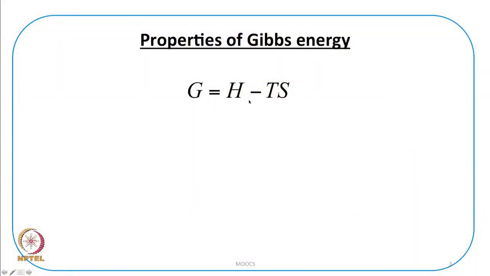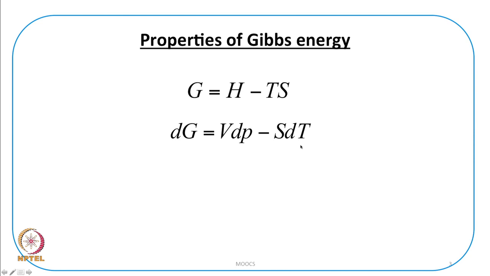We define Gibbs function or Gibbs free energy by G equal to H minus TS. And we have just derived, while deriving the Maxwell relations, that dG is equal to V dP minus S dT. From this relation, now I can derive two more relations, one when I fix the pressure constant and second when I fix the temperature constant.